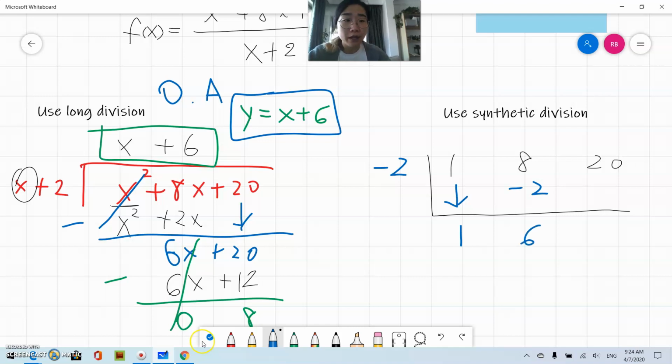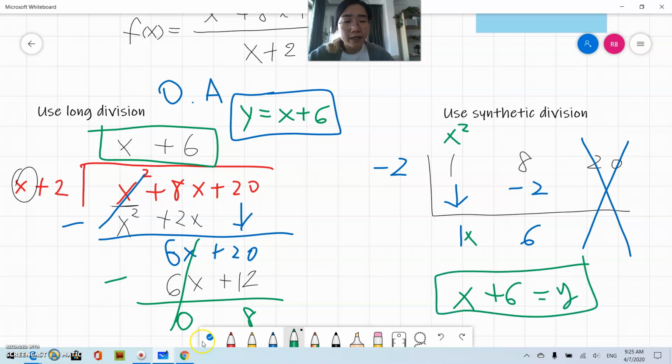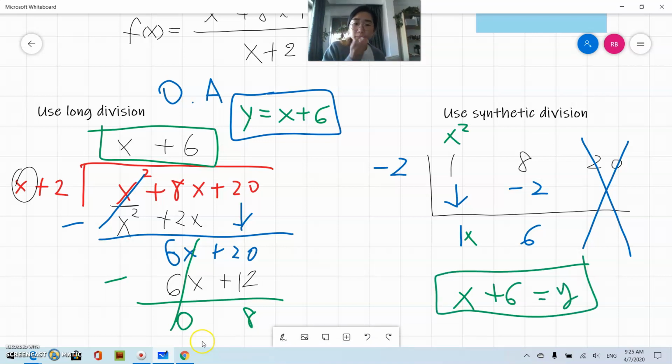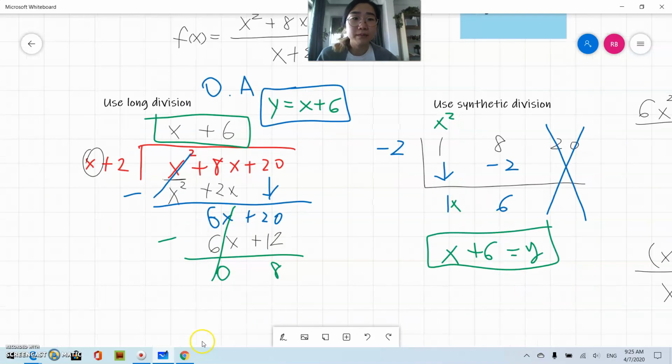And you stop here because I don't really need to know about the remainder. And so you only need the first two. So then how do I write this? Well, this used to be x squared, but then we divide it by x. So this becomes x. So x plus 6 is my slant asymptote. Okay, I hope that makes sense.